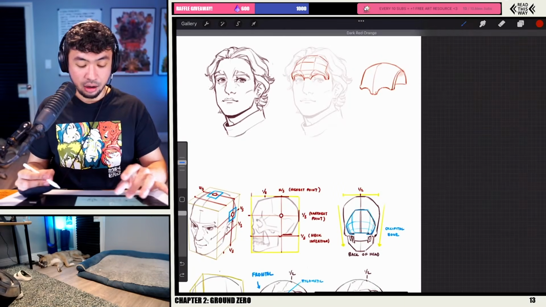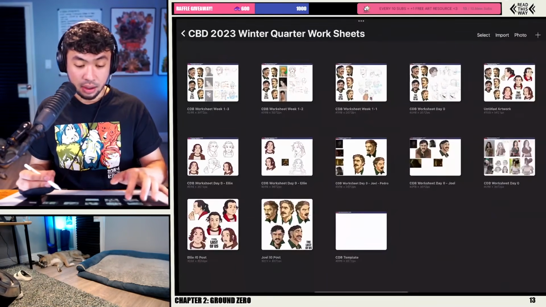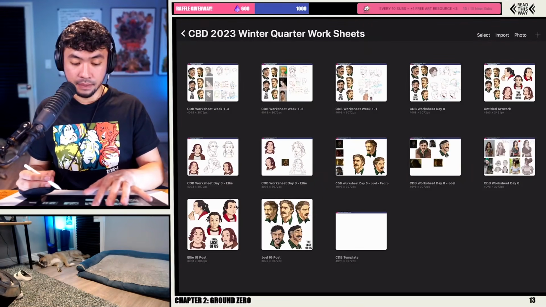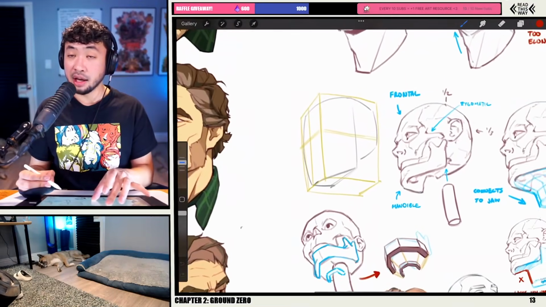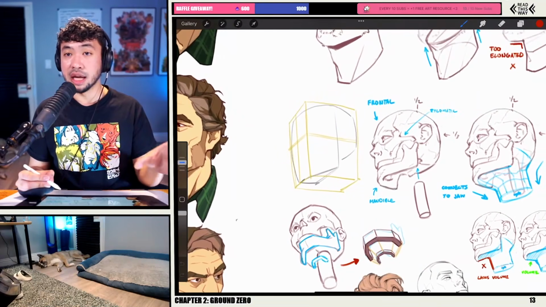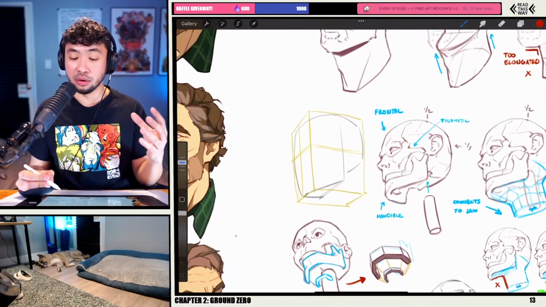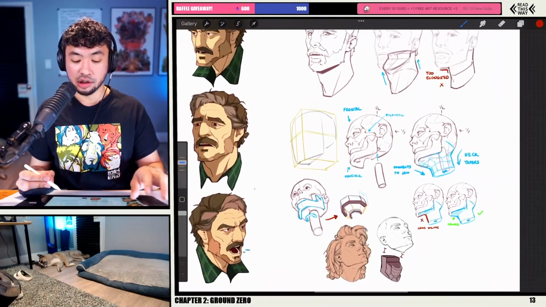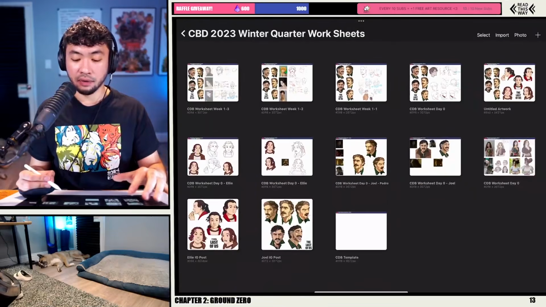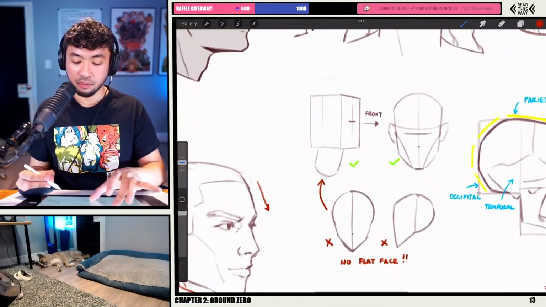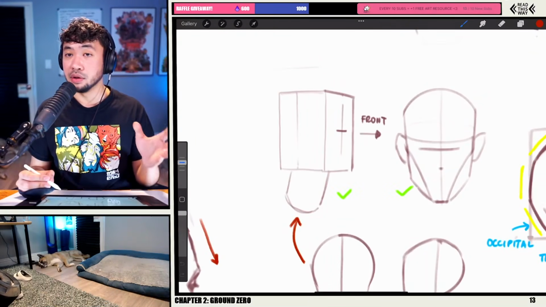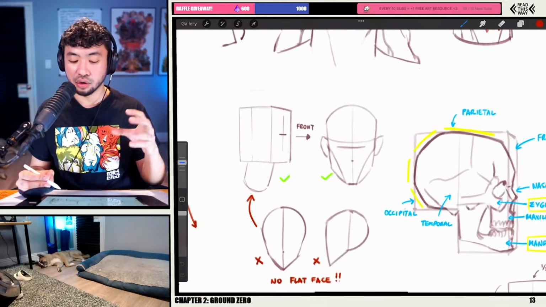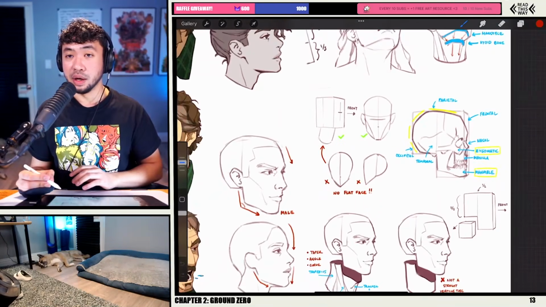I'll show you guys really quick. Kind of like right here where I show you guys, hey, if you're still a beginner, these are some of the things I would recommend: focusing on the general shapes first, and then from those general shapes, drawing in some of the structure and all of that stuff. So something like this, right? Where I say, hey, if you want to draw a box, you can start off with drawing a box first and then draw the head in a certain way like that.